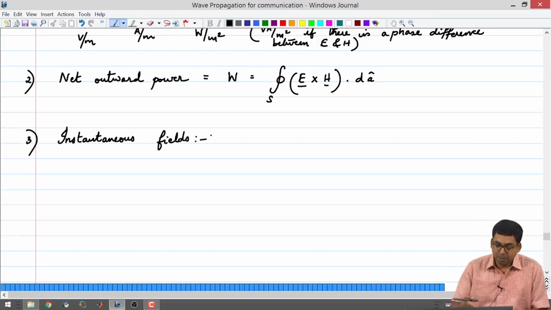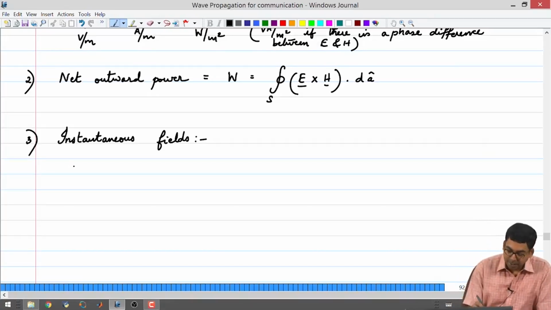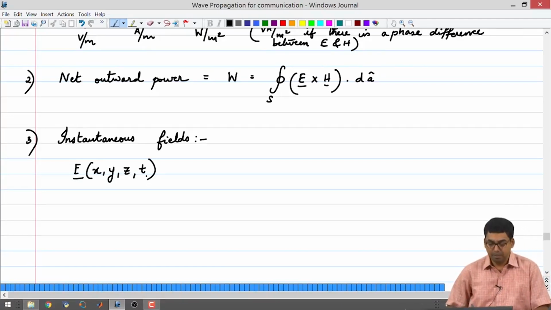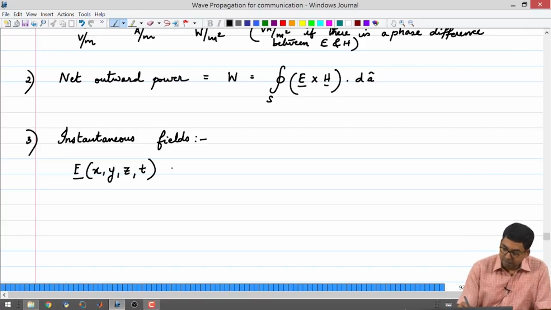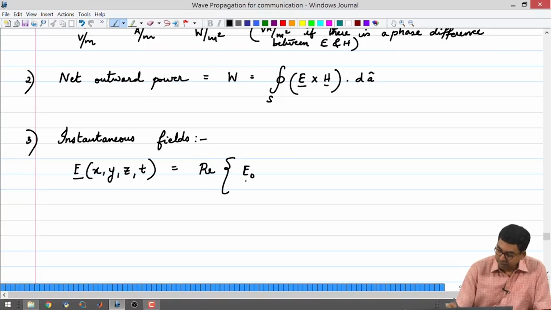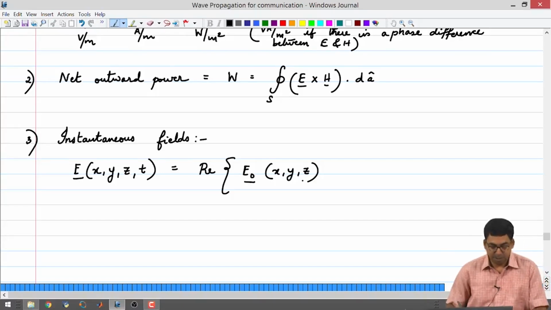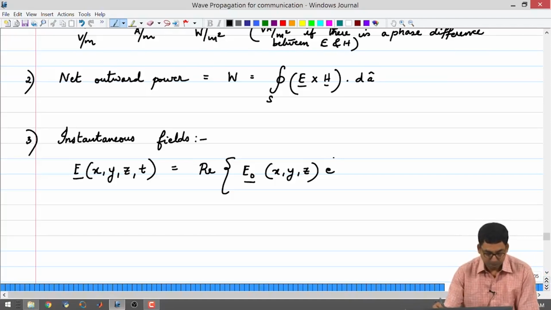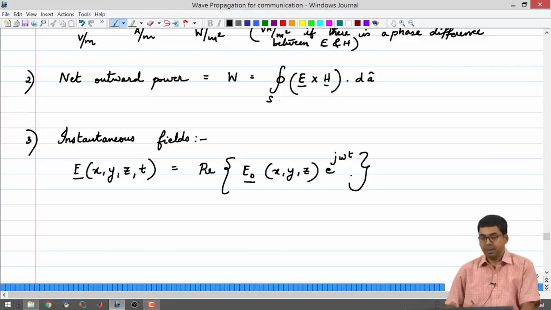So, when we talk about instantaneous, this means that you are going to be writing down the electric field which is a function of position x, y, z and time. So, 3 space variables and 1 time variable, and we are simply writing this down as real part of E naught, which is a function of x, y, z spatial variables, and I am also including the effect of time where it is periodic with respect to time.